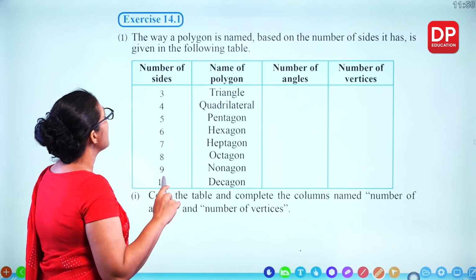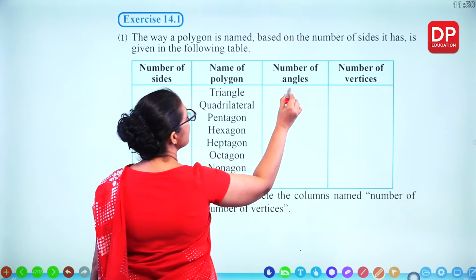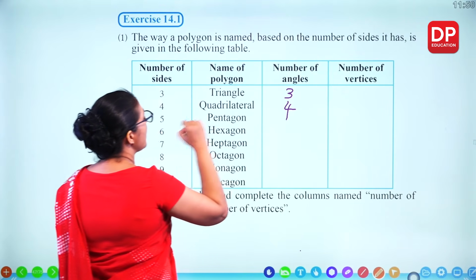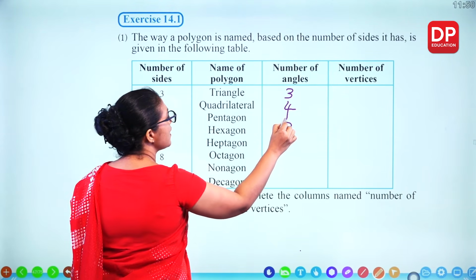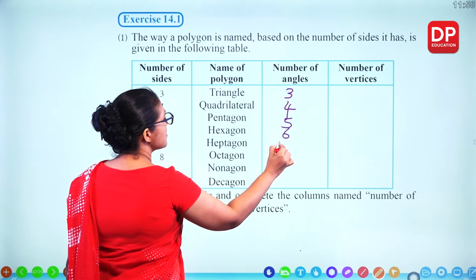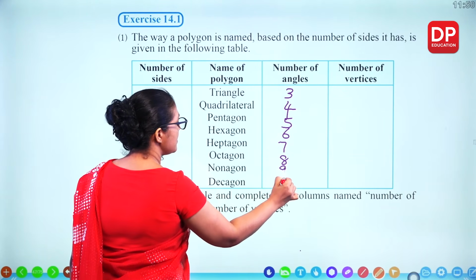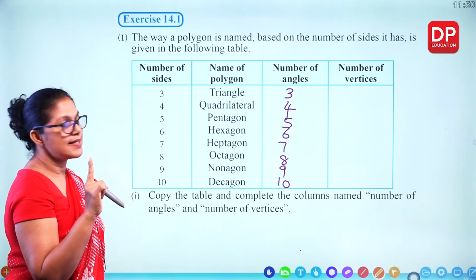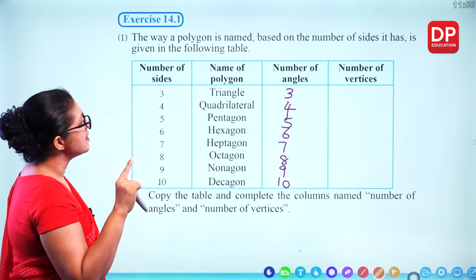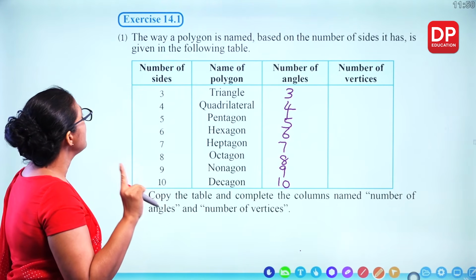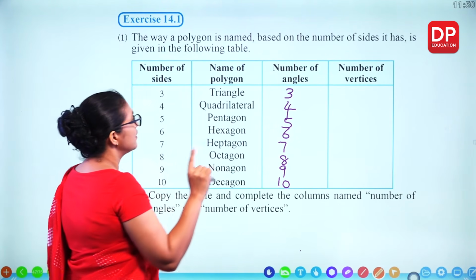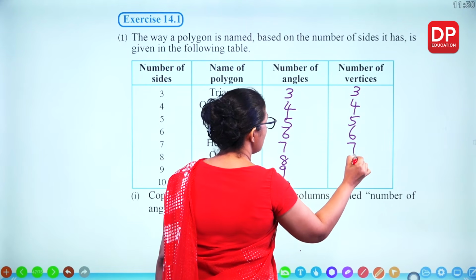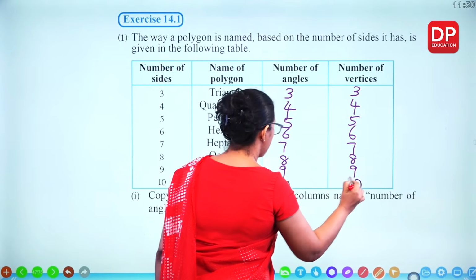So 3 sides are there, so you get 3 angles. 4 sides are there, 4 angles. 5 sides, 5 angles. 6, 7, 8, 9, 10. And number of vertices. So number of vertices also same as number of sides. 3, 4, 5, 6, 7, 8, 9, 10.